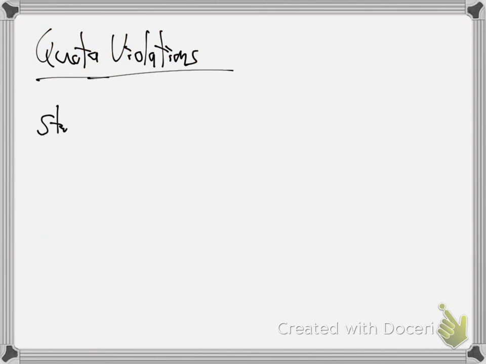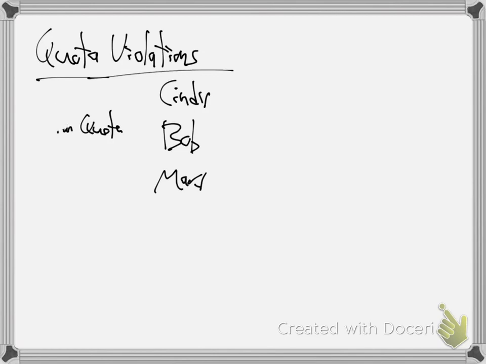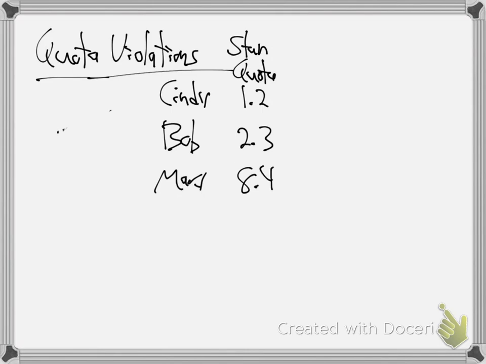Remember the standard quota when you divide them all? Let's go back to the Cindy thing. Cindy, Bob, Mary, right? Let's say their standard quota. What were the numbers? I forget them. 1, 2, 8. Okay, let's suppose Cindy needed 1.2, Bob 2.3, and Mary 8.4.